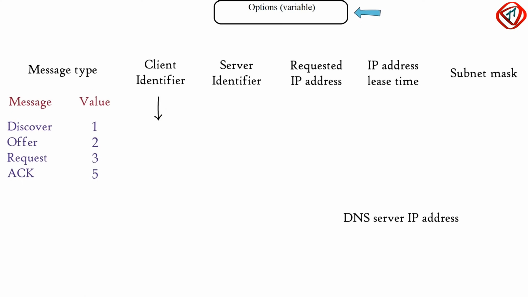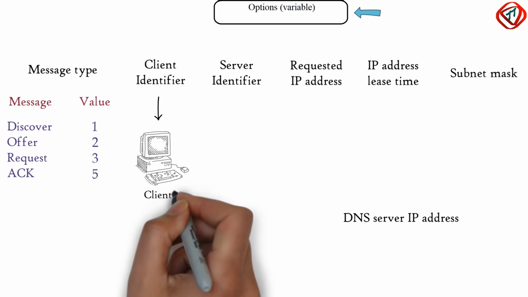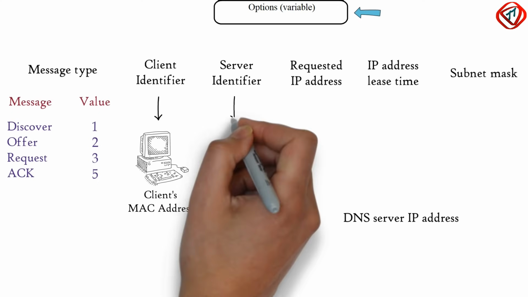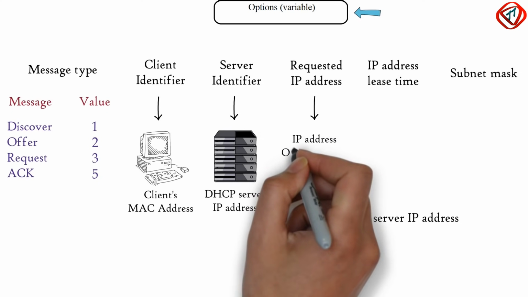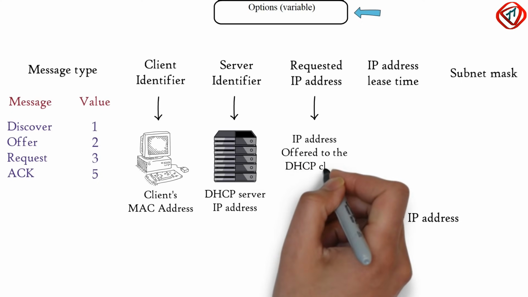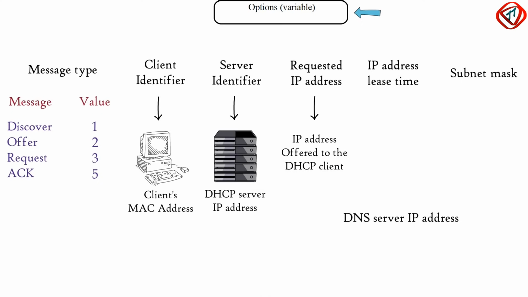Client identifier usually contains the client's MAC address. Server identifier is the IP address of the DHCP server. Requested IP address field contains the IP address which the DHCP server offers to the DHCP client.